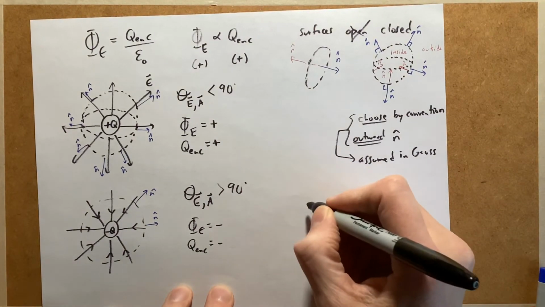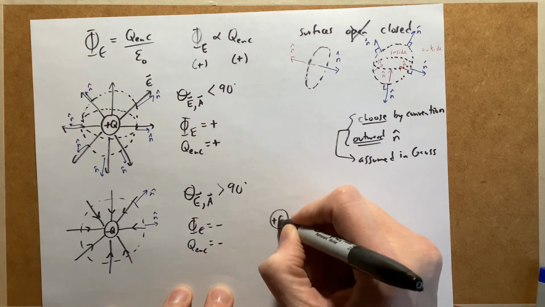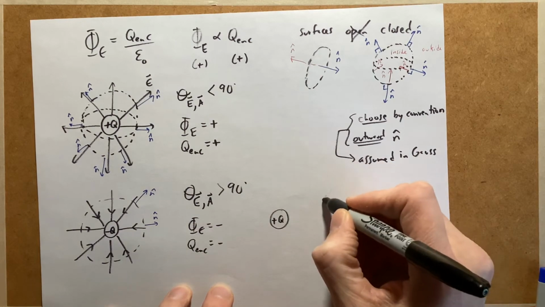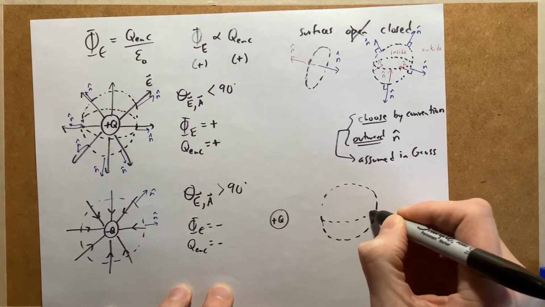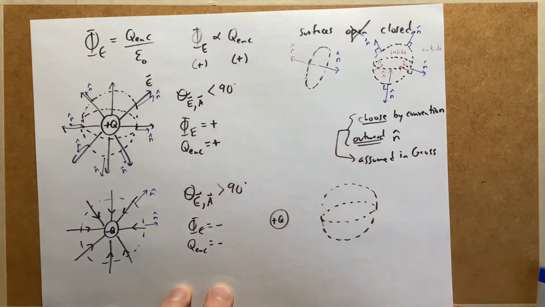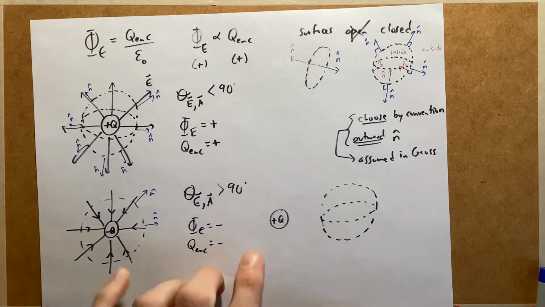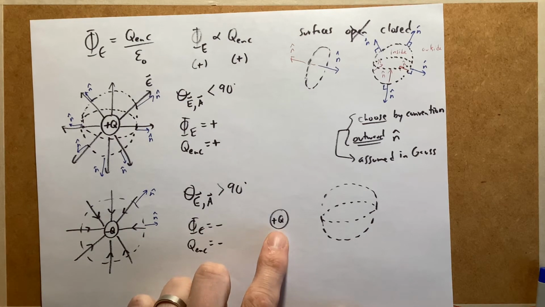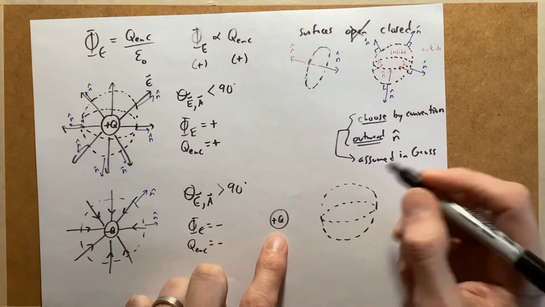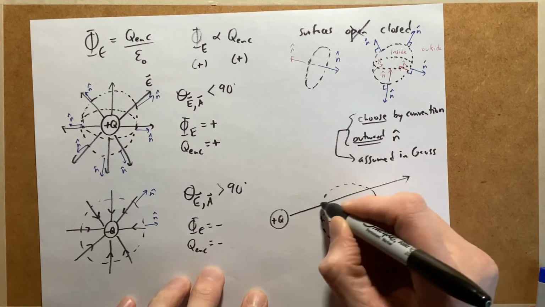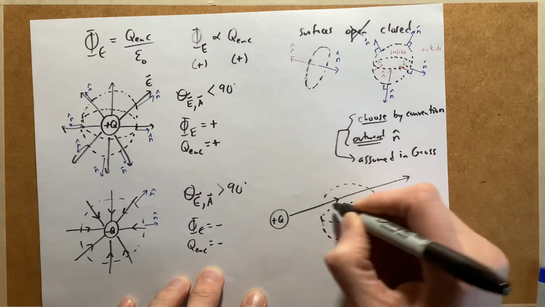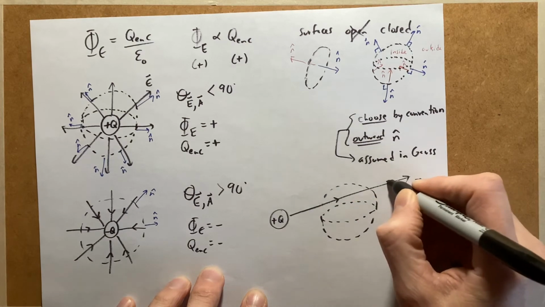Let's say that I have a positive charge again, but I put my counting surface over here. As you can note, there is charge, but it's not enclosed. So what would happen here? This field line would not only pass into the surface, but also pass out, like so.